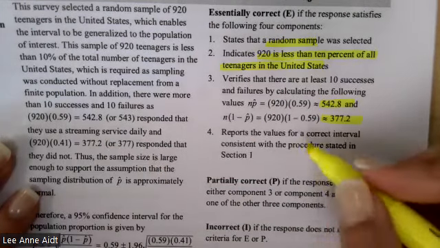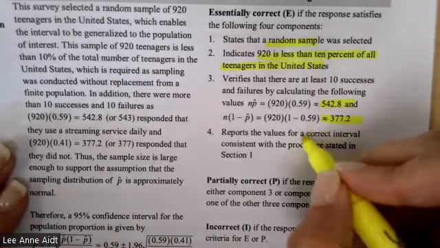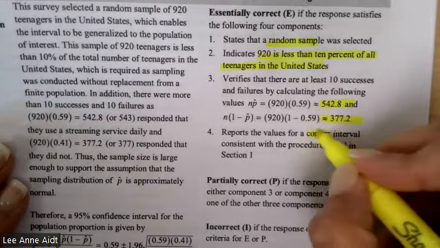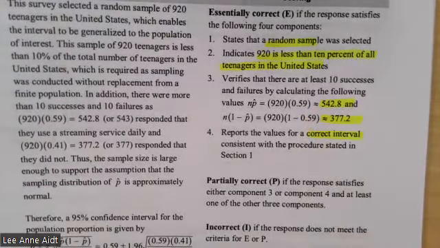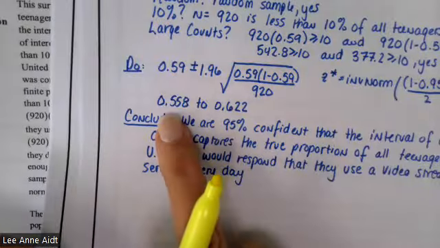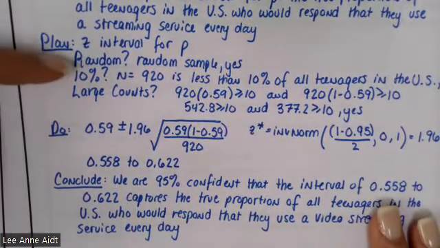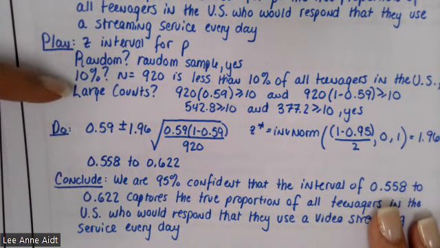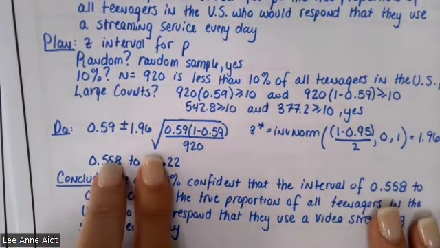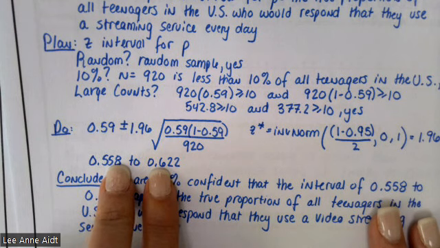And then the actual answer is the fourth step. The correct interval is 0.558 to 0.622. So you need this, this, and then the actual answer to the interval is all section 2.